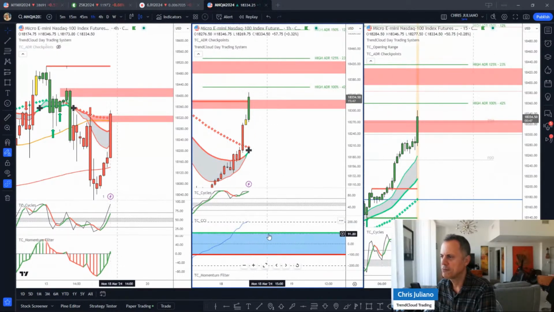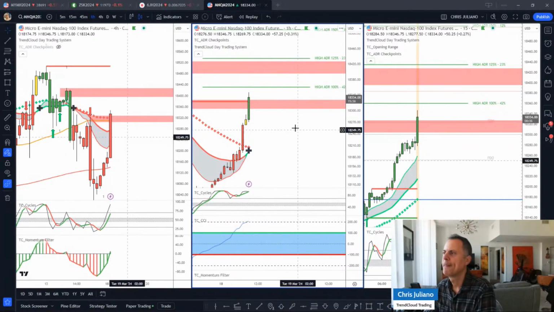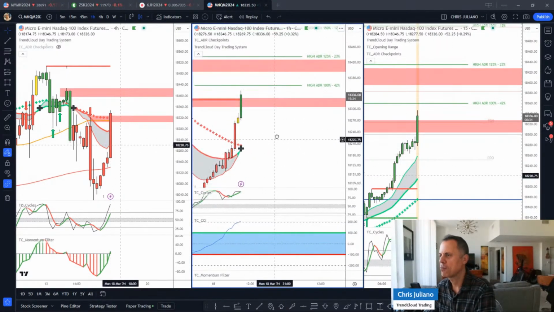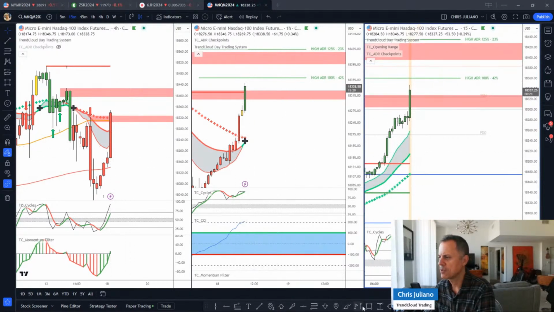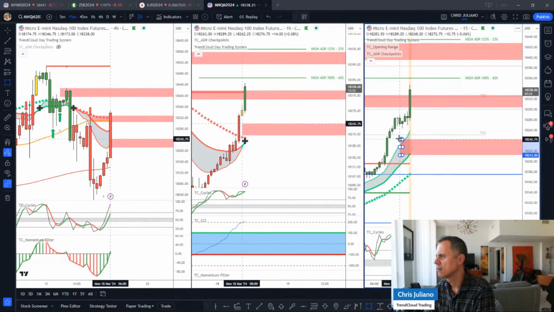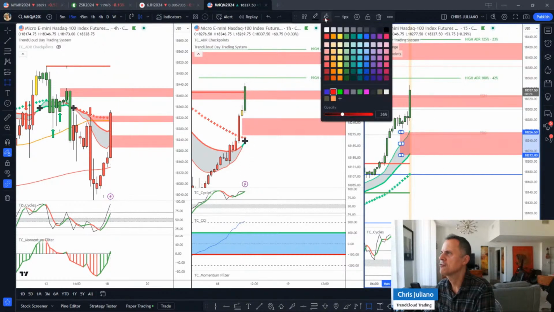Momentum is above positive 100 on CCI. We want to be taking longs. We want to be looking for longs. Where's that going to take place? Well, start looking for those demand zones. Where are the demand zones located? Right inside of your trend cloud.